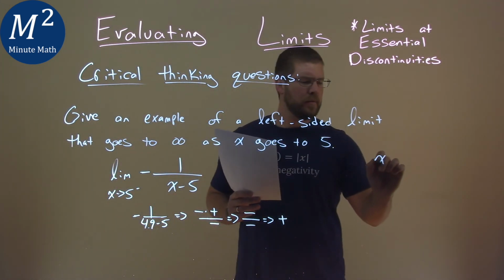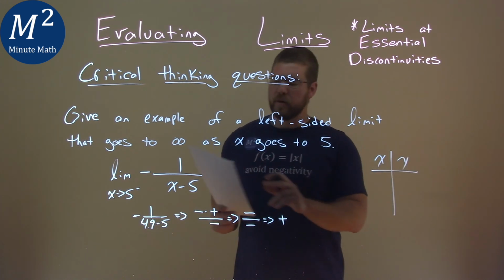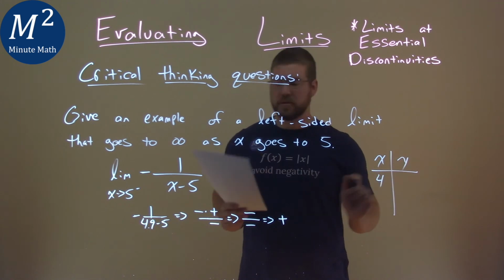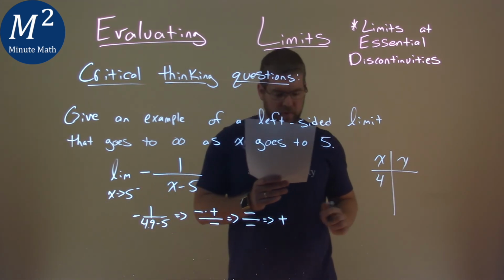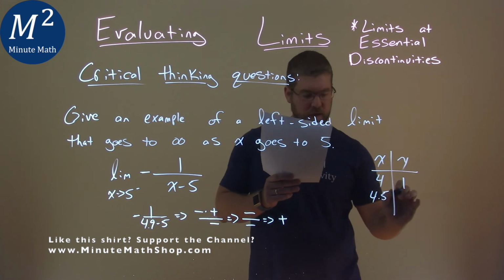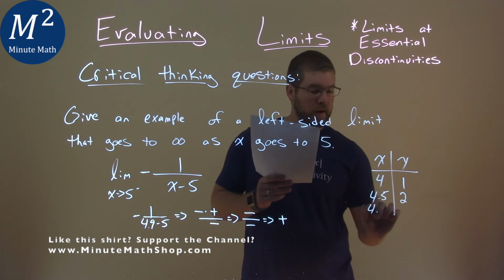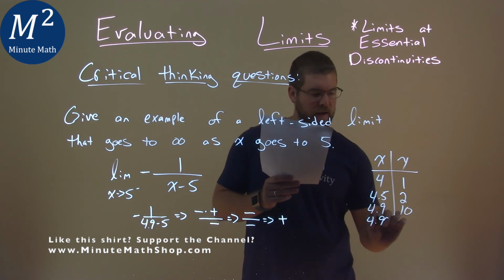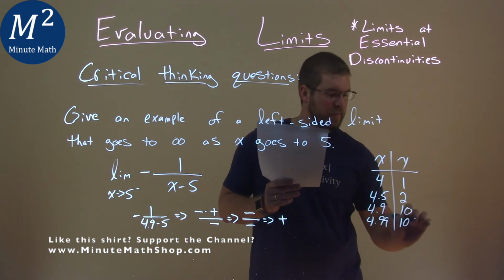I've created a little table with some test values with this function. And what happens when we plug in different values as we approach 5 from the left? Plug a 4 in, we get a 1. Plug a 4.5 in, we get a 2. Plug a 4.9 in, we get a 10. And plug a 4.99, we get a positive 100.